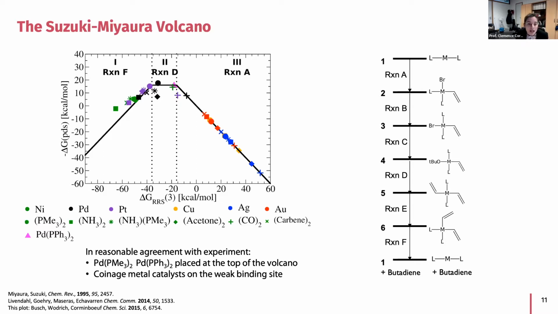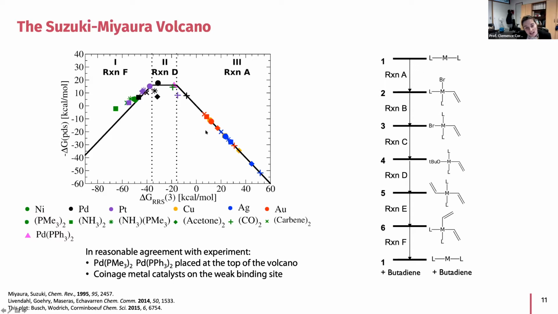We were quite happy with it because several aspects were in line with experiment. It's a thermodynamic picture; later on, you will see kinetic volcanoes, but here it means potential determinant step. So here you see that when you're in this region, you bind too strongly, so you have a problem with the reductive elimination, and the type of metal and ligand here is, for instance, typically nickel and platinum with amine ligands.